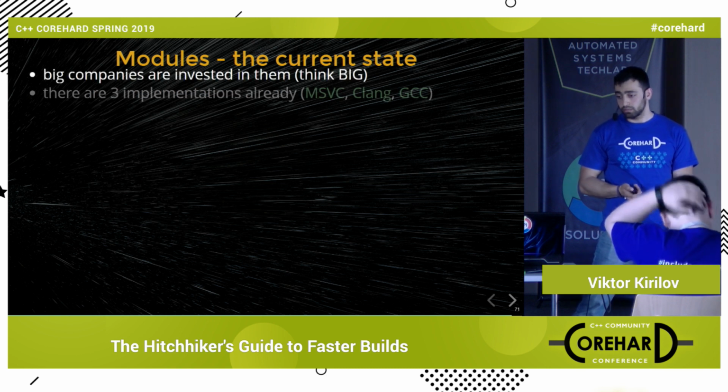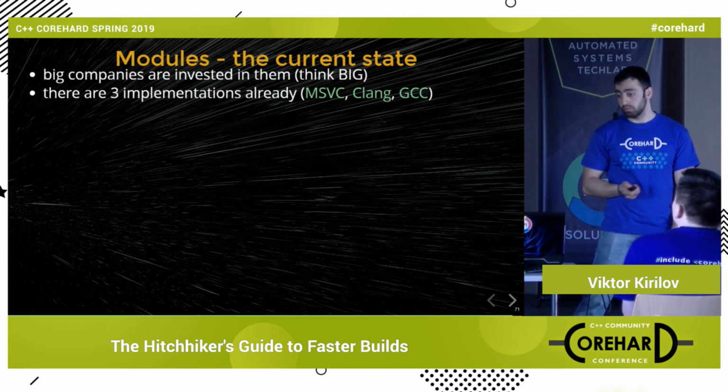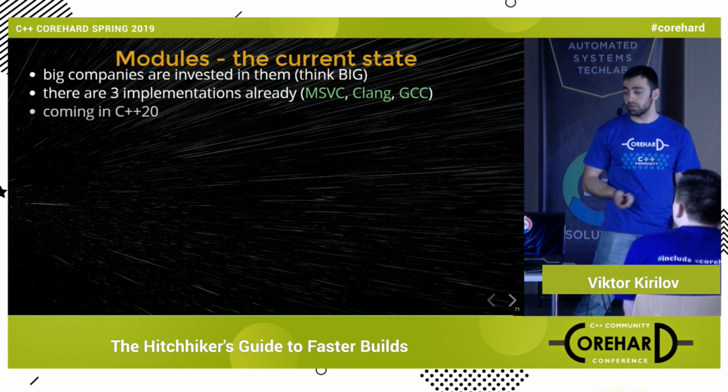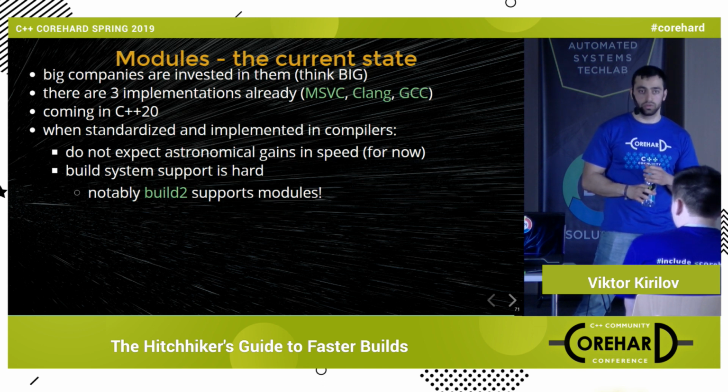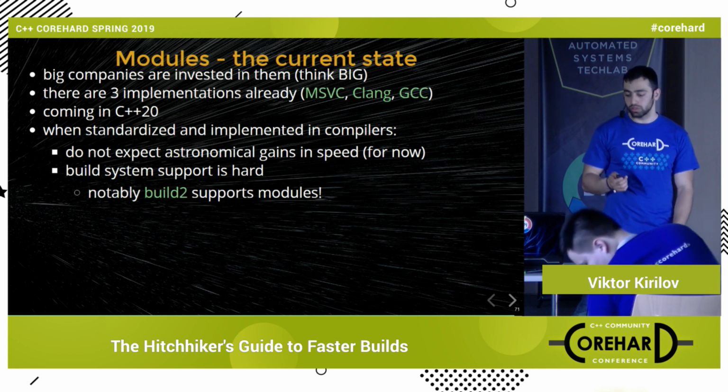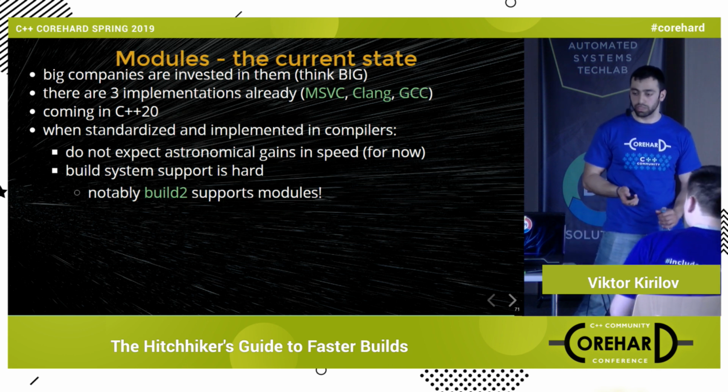In the current state, big companies want modules. There are implementations in the three major compilers. They're coming in C++20. And when they're fully standardized and implemented, you shouldn't expect astronomical gains, especially as we saw in the last talk, because the production of the BMI files and the discoverability of modules is an unexpected problem.